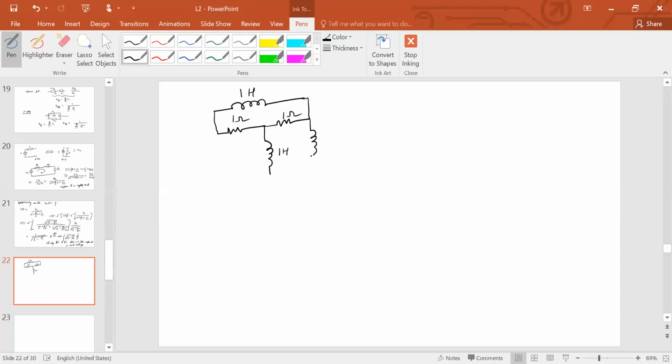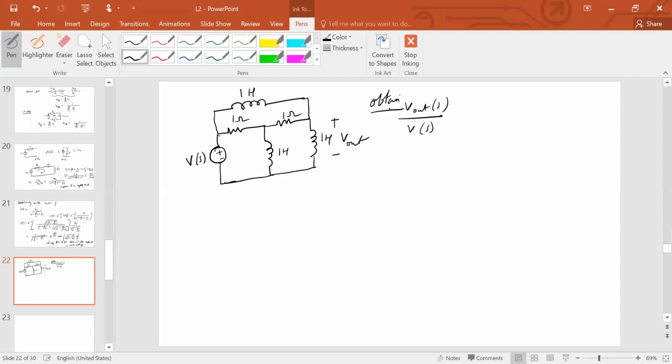And this is 1 Henry. Okay. So here the exercise is that given a source like this, so we're not saying that it's basically a constant voltage or whatever, it could be any voltage. So this is your output voltage, V out. So it is asked that find V out of S over V of S, okay, obtain this.